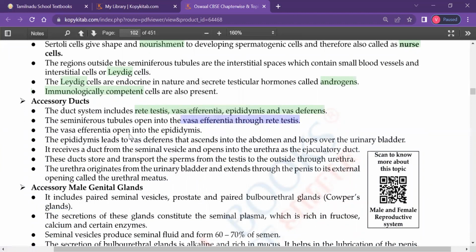The vasa efferentia open into the epididymis. Then the epididymis leads to the vas deferens that ascends to the abdomen and loops over the urinary bladder.